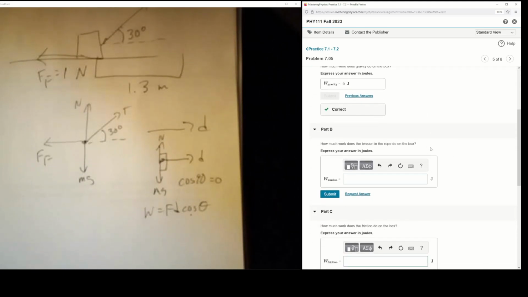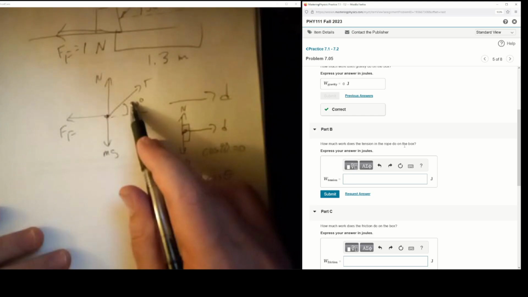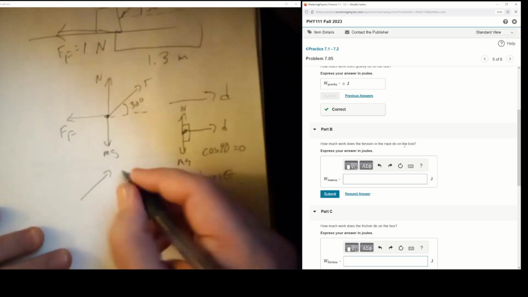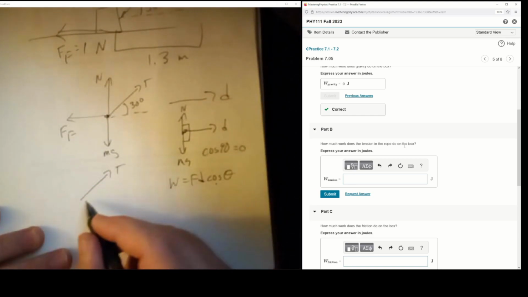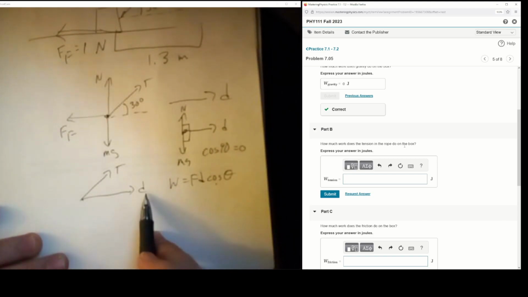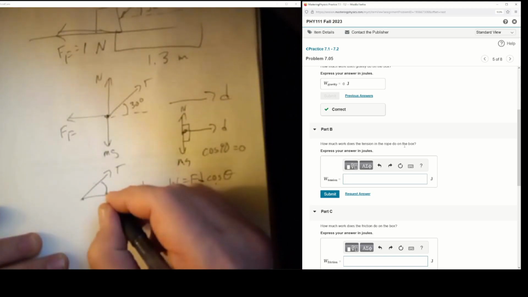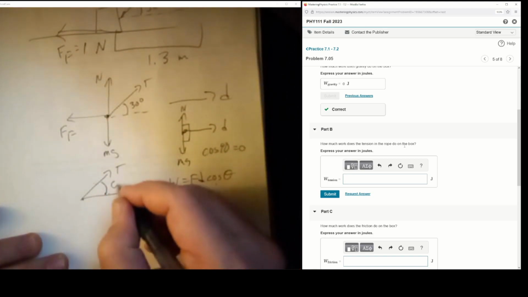If we look at the next one, how much work does the tension do? So now we're going to need a little bit of work here. There's tension. And here is our displacement, how the box is moving. We have to connect these vectors tail to tail, and the angle between them is the theta in our work formula.